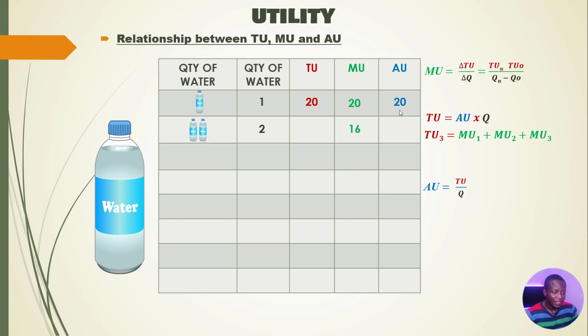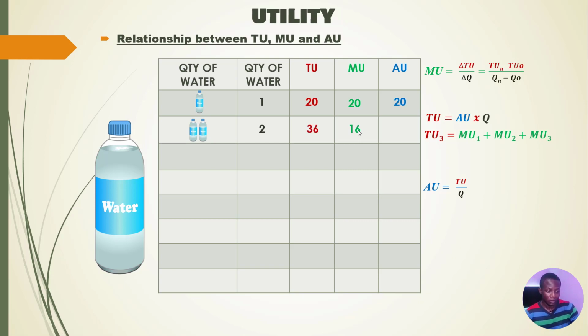The first bottle of water gave you a marginal utility of 20. The second bottle is giving you a utility of 16 utils. Therefore, the total utility after the consumption of the second bottle of water is the sum of the first marginal utility and the second marginal utility, which gives you 36.